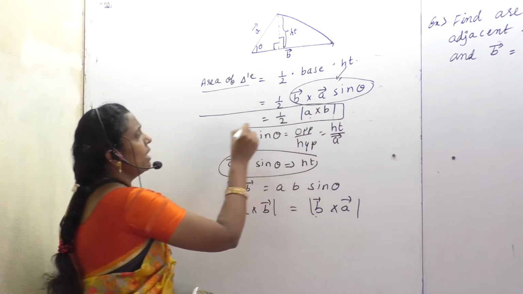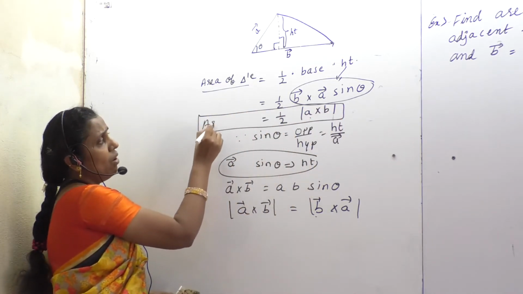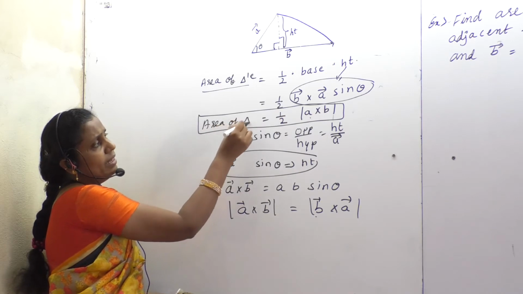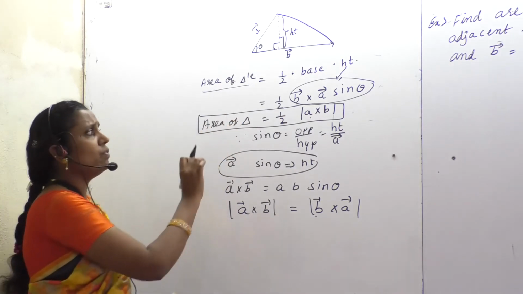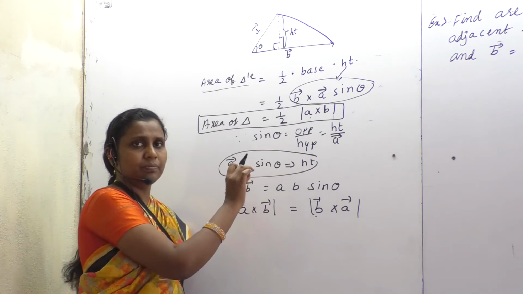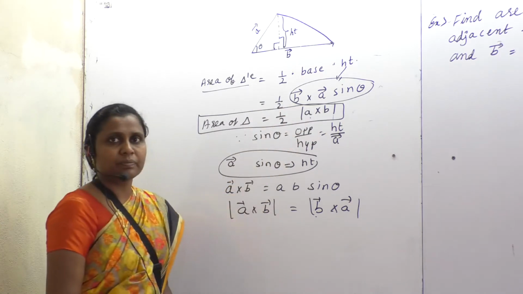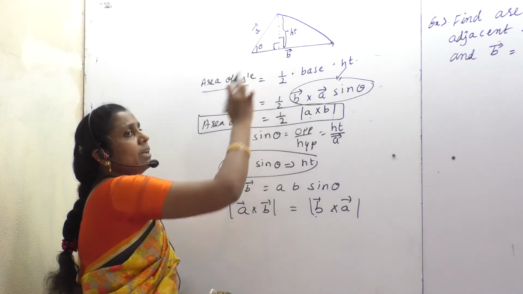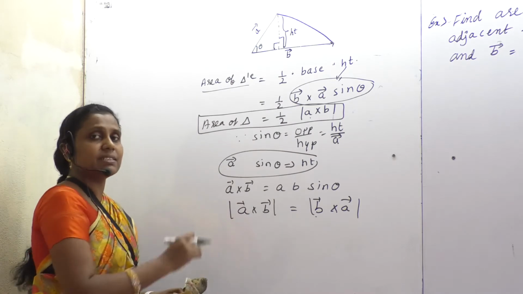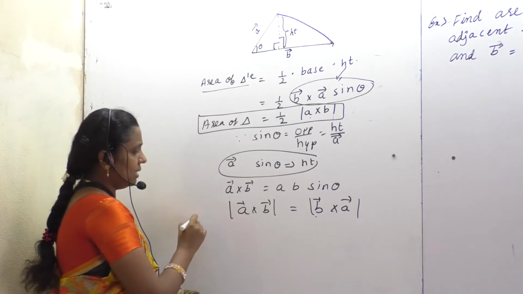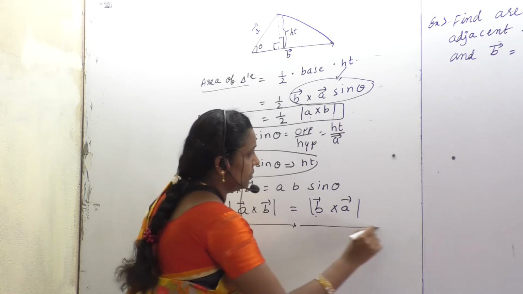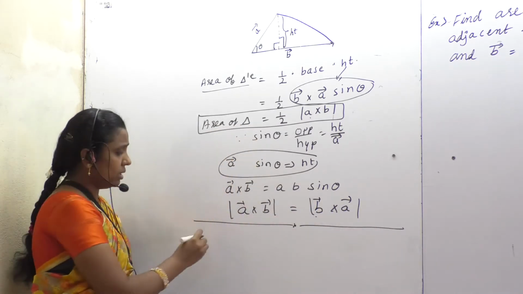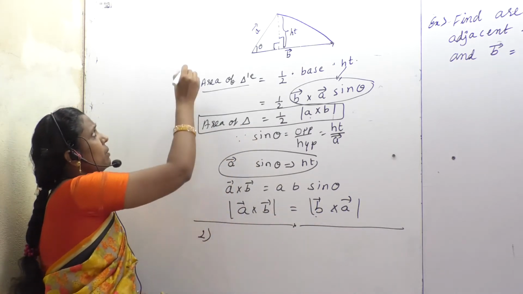Okay. So now what can we conclude? Area of triangle is nothing but half into the cross product. Okay. Two vectors will be given. What kind of vectors? Adjacent sides. Okay. This is the thing. This is justification. Okay. One more thing. Second application. Let me make you understand.